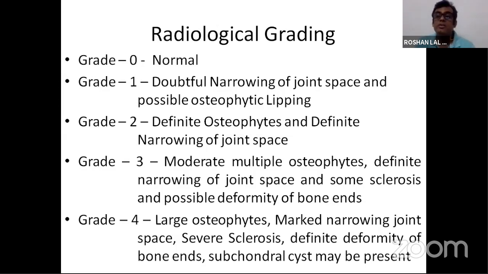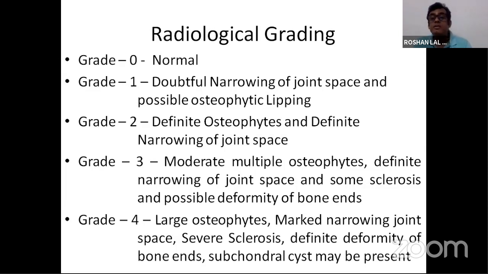When the joint space is intact, normal, no doubt in the mind, it means it's a normal, or grade 0. Grade 1 is narrowing of joint space, but it's doubtful. You are not sure that the joint space is decreased, but the joint space is decreased.